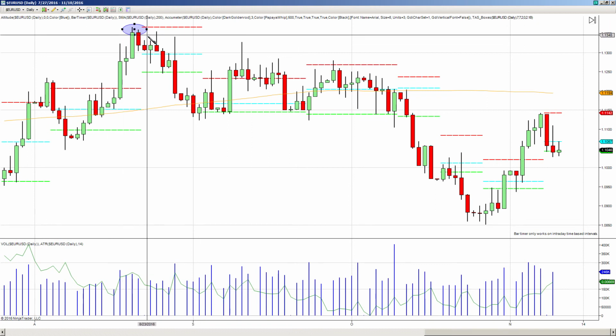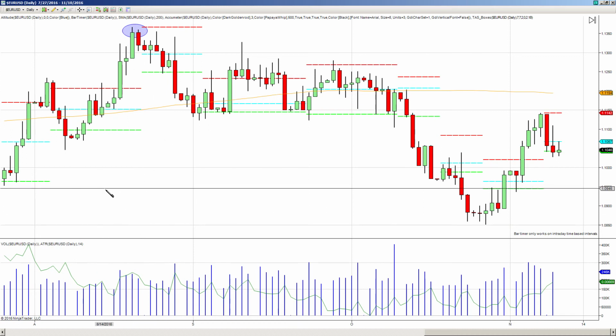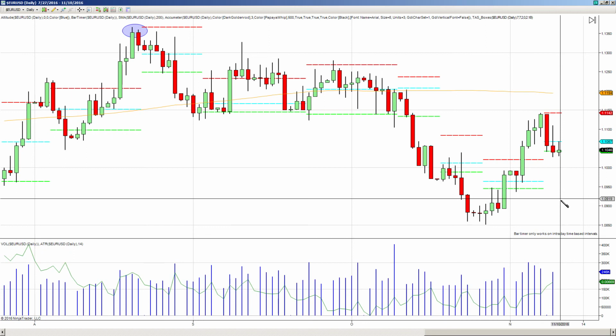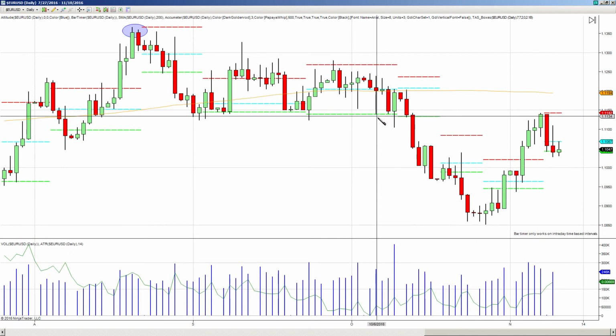Take, for instance, this high here. Now this is extremely significant, because in this period that we're looking back right now, and this is spanning multiple months all the way from August till now November, this is as high as the market was able to make it. So what that tells us is exactly that at this point, the market decided that this is the most anyone was willing to pay for this.